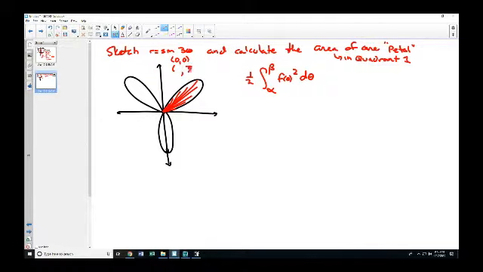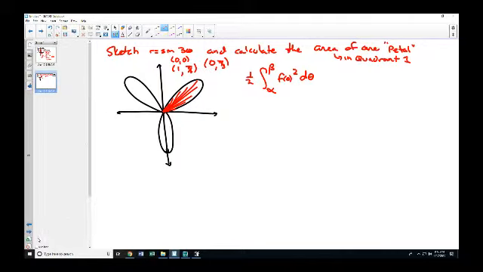What about pi over 6? It's sine of 3 pi over 6. Let's find out. 3 pi over 6 is pi over 2. That's 1. Now let's go to pi over 3. We're just making our way around the unit circle in an easy manner. Plug pi over 3 in, and you get sine of pi, which is 0.